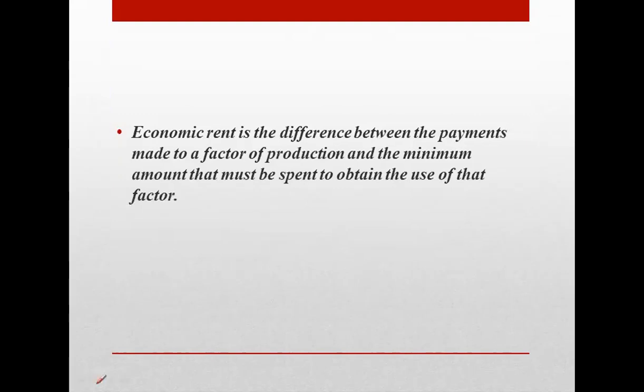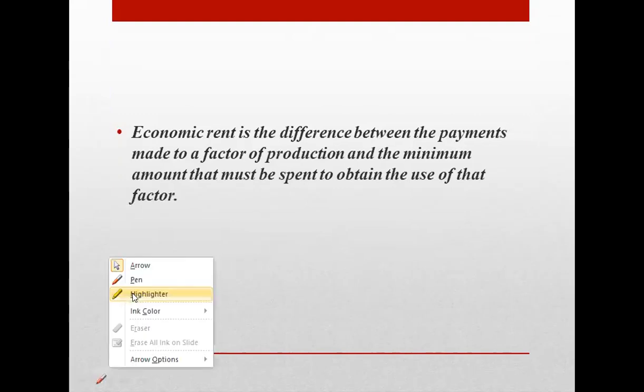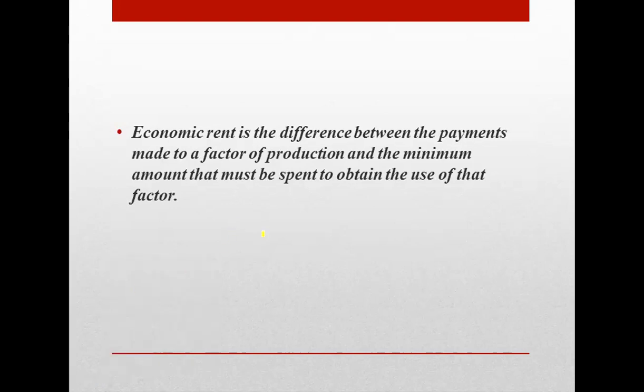Simply speaking, suppose that you want to give $10 to obtain a factor of production. Suppose this $10 is the minimum amount that you have to pay to a factor of production to obtain its service. Let it be labor. Let's suppose that to get 1 day of labor, you need to pay a minimum amount of $10.